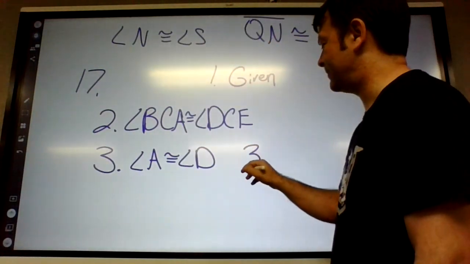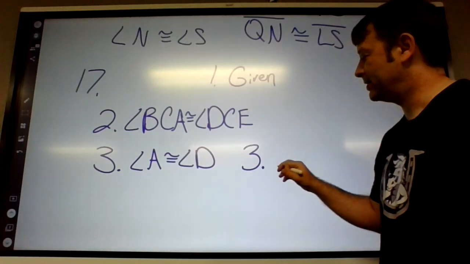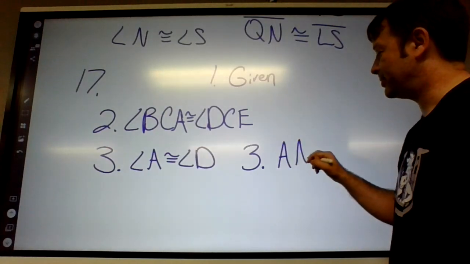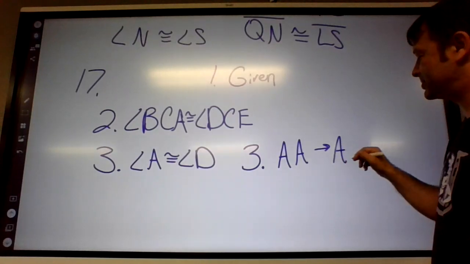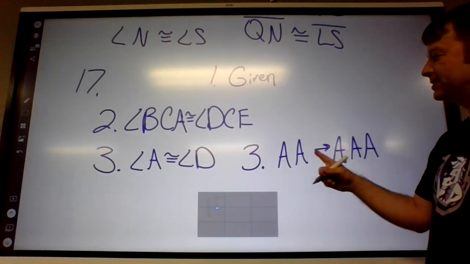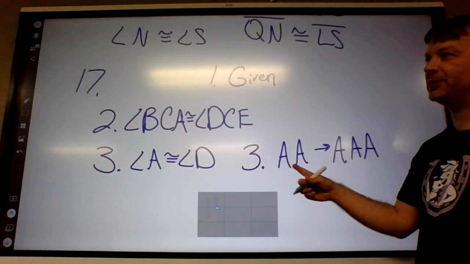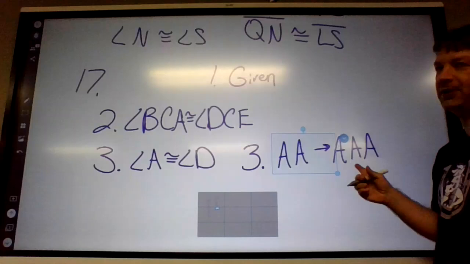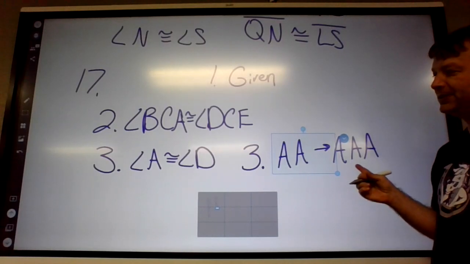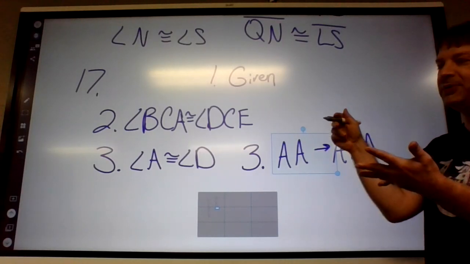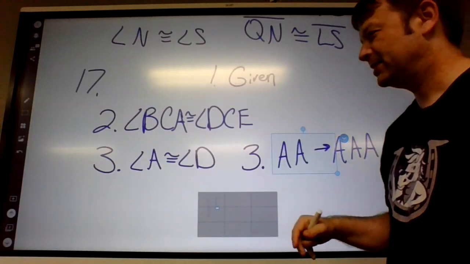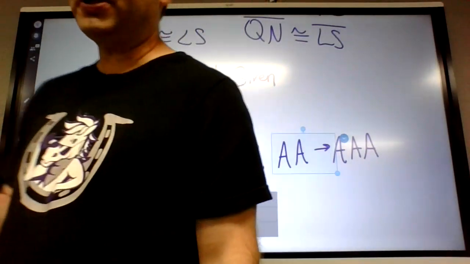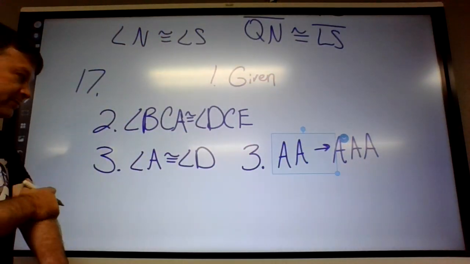Even though this doesn't have a name, this is what they wrote: AA implies AAA. In other words, if you have 2 pairs of congruent angles, then you have 3 pairs of congruent angles. Instead of writing out that big sentence we wrote yesterday, they wrote that. A little bit cheaty, but that's okay. It wouldn't have fit if they wrote it out.